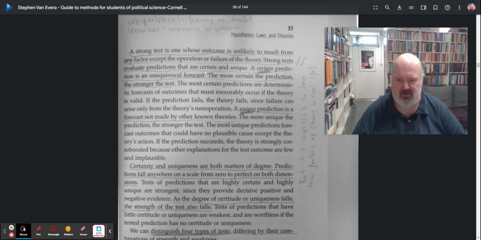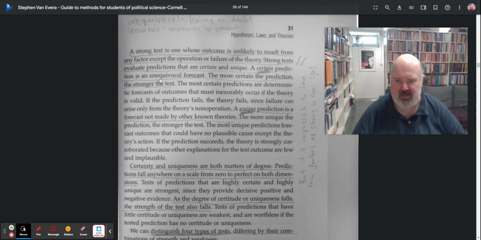A strong test is one whose outcome is unlikely to result from any other factor. That's one aspect of it, but this is defining it: they evaluate predictions that are certain and unique.